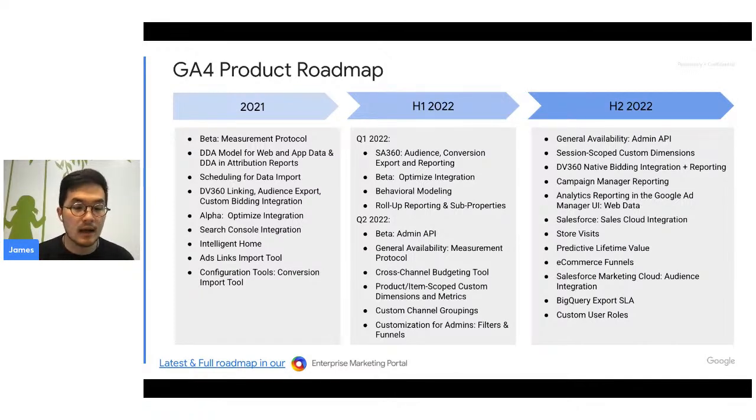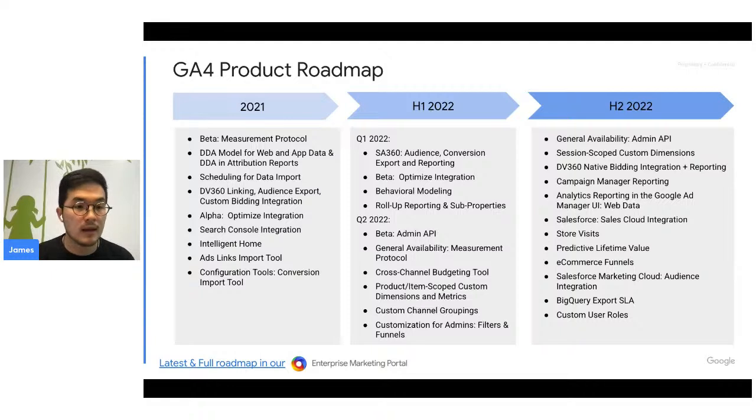So this year, as we mentioned earlier, we can expect, for example, the DDA model, which we are already starting to launch. And we are starting to work on more integrations, like our Google Optimize integration, and also how we can help do a better migration from our customers' UA, Universal Analytics, to GA4.